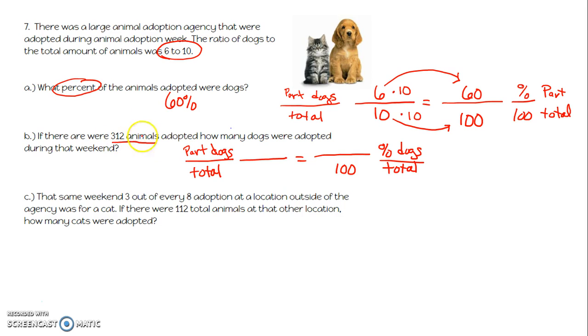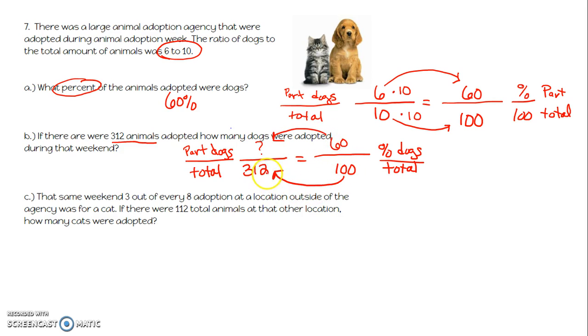All right, so the total animals adopted were 312. We don't know how many of those were dogs. But I know 60% were dogs, and I'm going to do my arrow this way. Just makes my life a little bit easier.